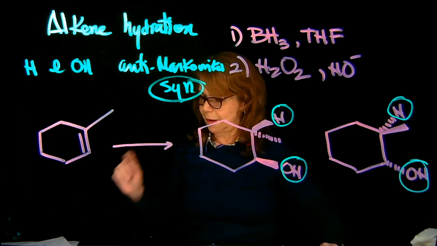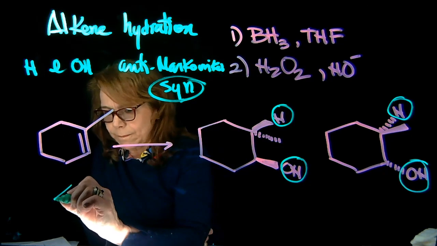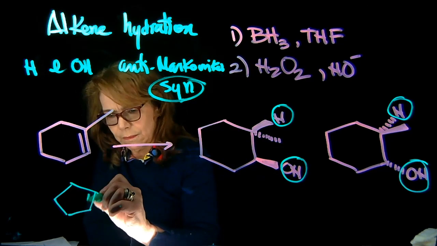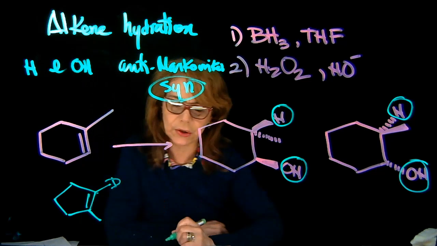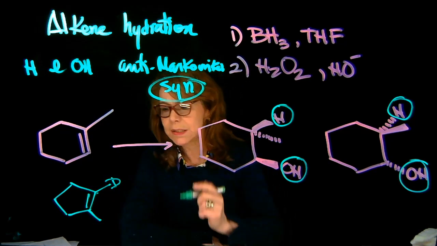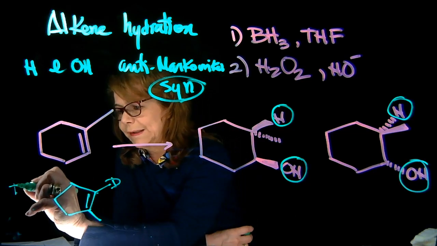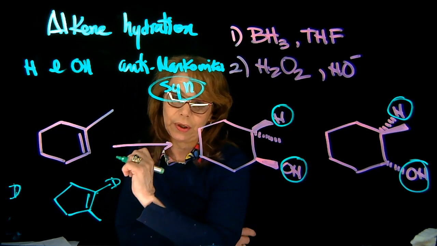Let's do another example of that. Let's say now that I have the following molecule. And you see here that you have a D. It is important to remember that a D is an isotope of hydrogen, deuterium.